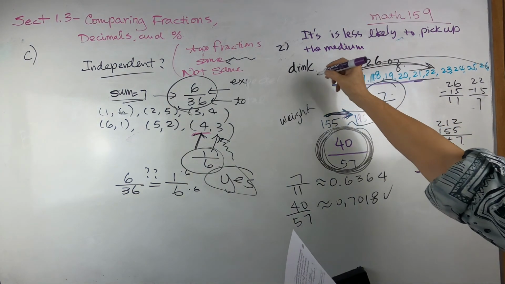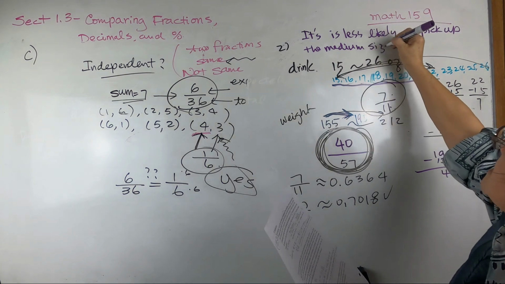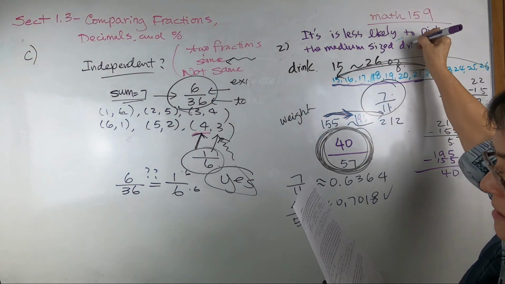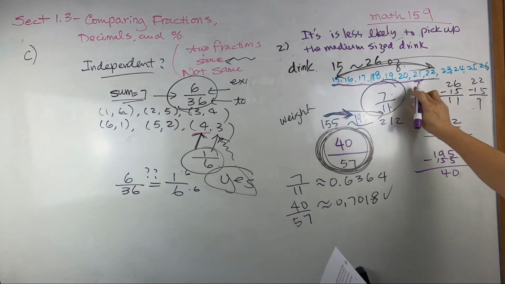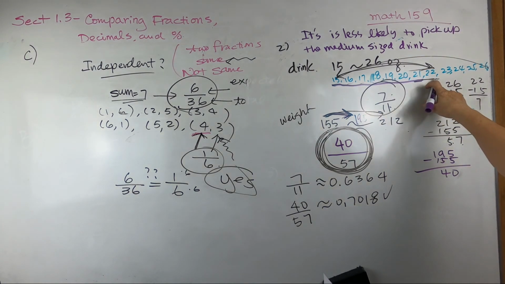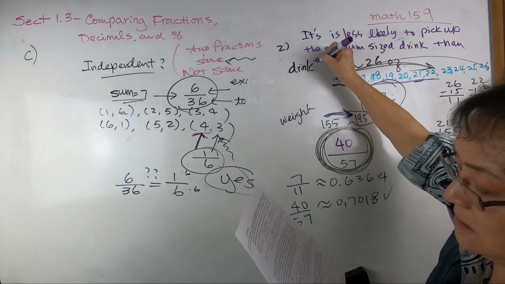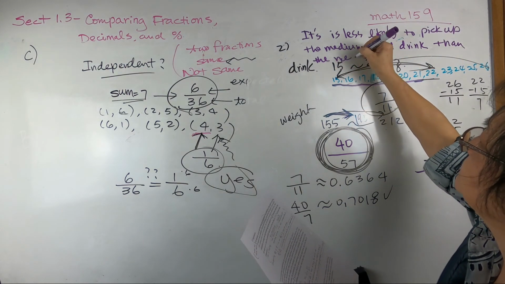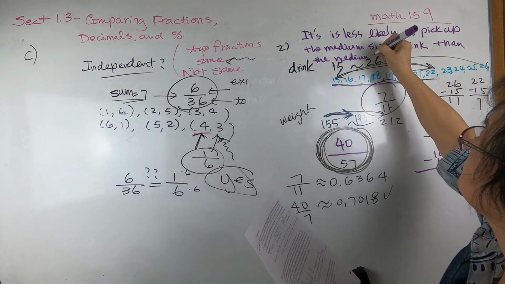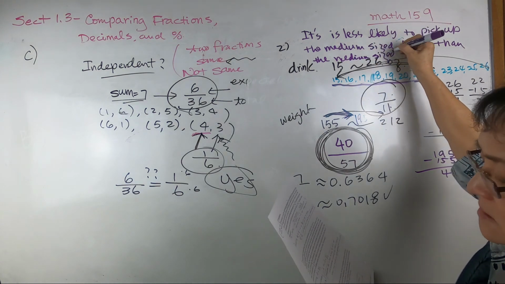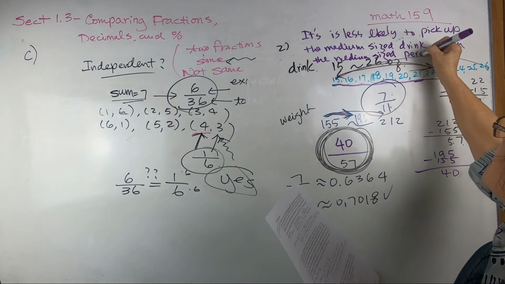That one is for the drink, medium-sized drink, right? That is less than 22 ounces. Then for picking up the medium-sized person, that's what it's saying.